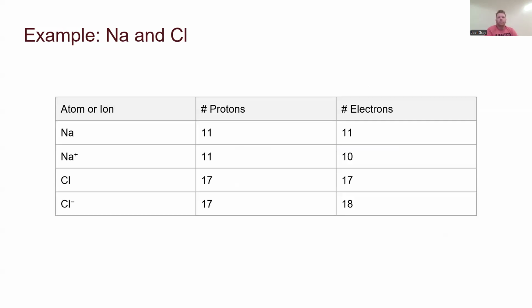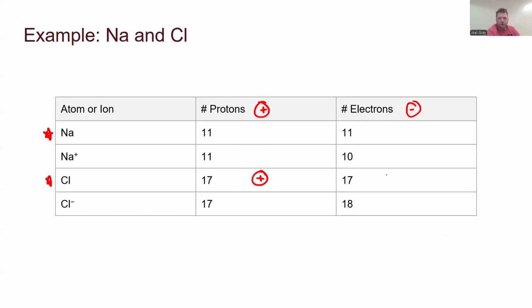Now, what we know from the periodic table, when we talk about a neutral atom, is that sodium has 11 protons, and as a neutral atom has 11 electrons. So Na, 11 protons, 11 electrons. Those positive charges and these negative charges effectively cancel out.